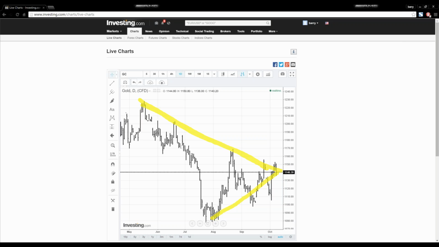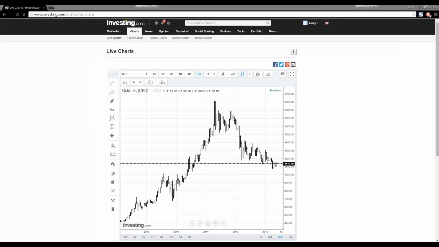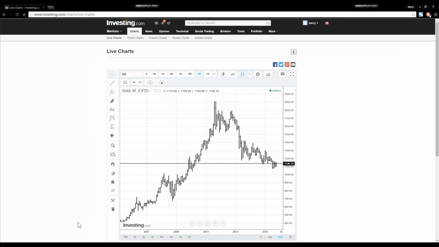But if we were to go back a little bit farther in the charts by simply moving to a 1 month chart, look at that. Gold is actually in a long-term uptrend. Now it was in a much steeper uptrend. Let me get my marker back up here. When it came all the way up here.